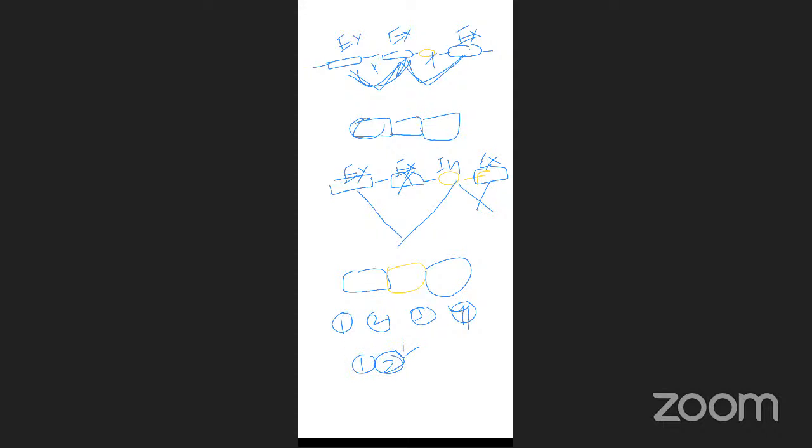Or 3 removed, then it should be 4. Or the first one removed, then it should be 2, 3, 4. Or the second one removed, then it should be 1, 3, 4. So this is exon shuffling. This is called exon shuffling, where exons are skipped.